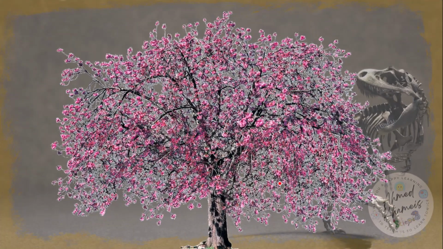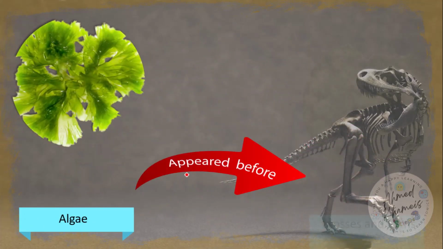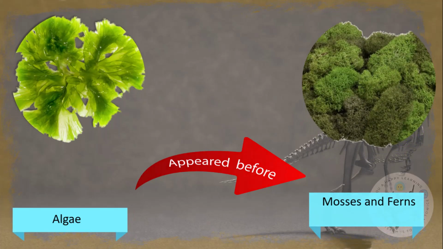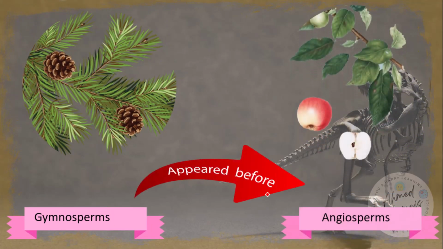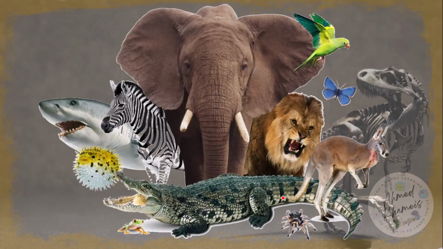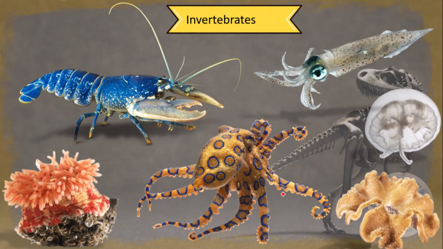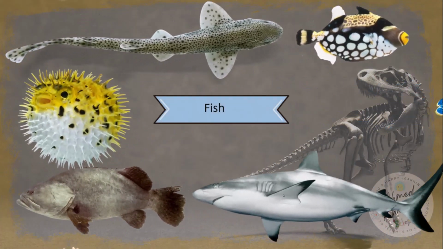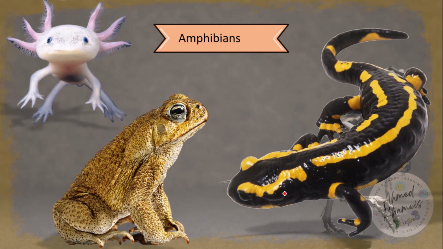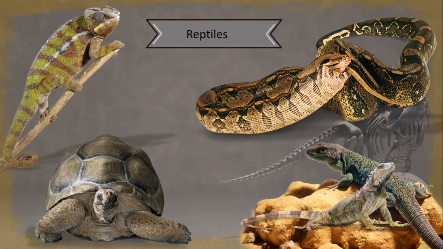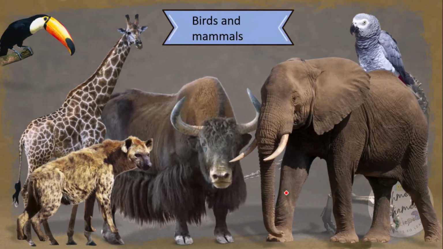So for example, in the plant world, algae came before mosses and ferns, and gymnosperms appeared before angiosperms. And in the animal world, first we have the invertebrates, followed by fishes, amphibians, reptiles, and finally birds and mammals.